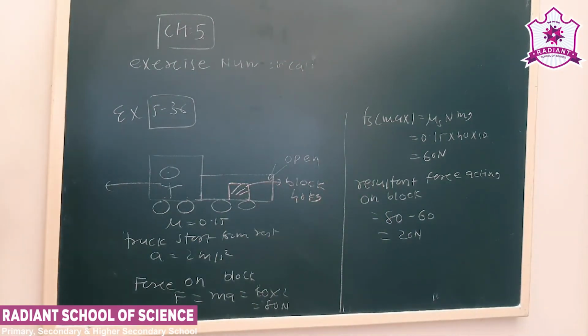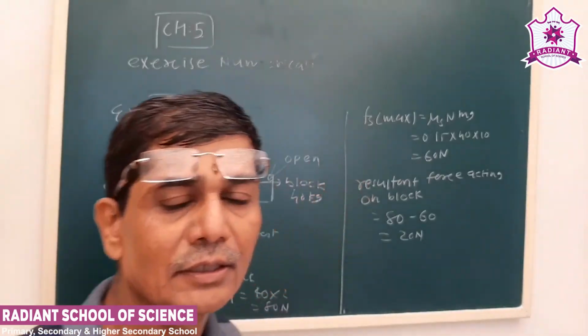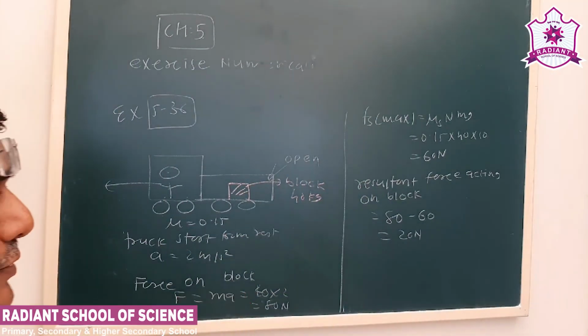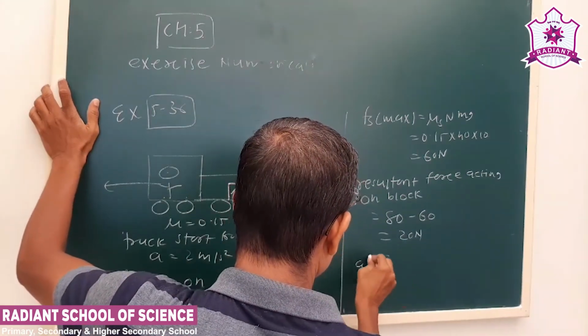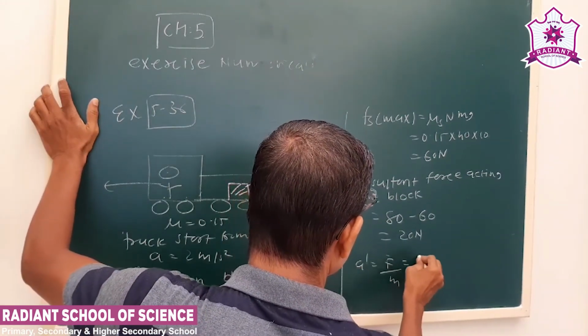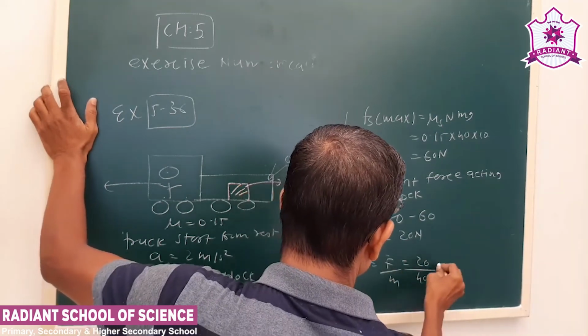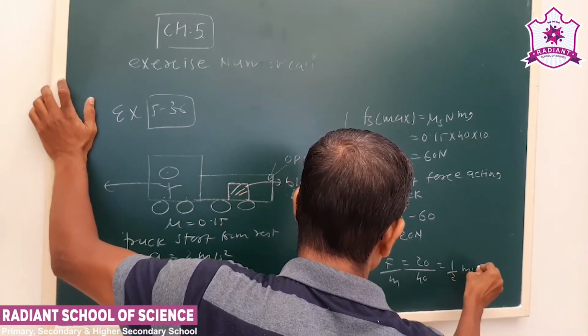So see, the acceleration produced in the block due to this net force we have to calculate. The acceleration a dash is equal to F upon m, which is 20 upon 40.